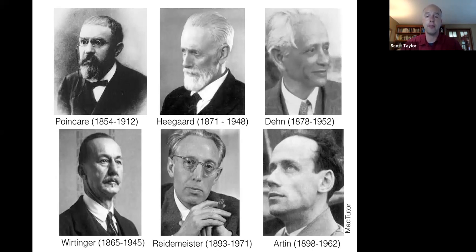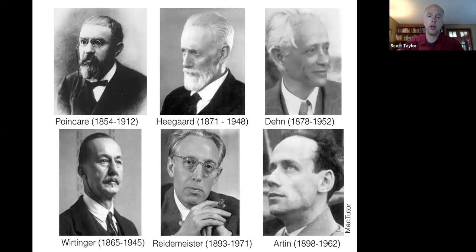Poul Hegard and Max Dehn wrote the first really survey article or encyclopedia article on topology, and they both made important contributions to knots. Then knot theory really started to come into its own through the work of Dehn, Wirtinger, Reidemeister, and Artin, and we'll see all these names again.